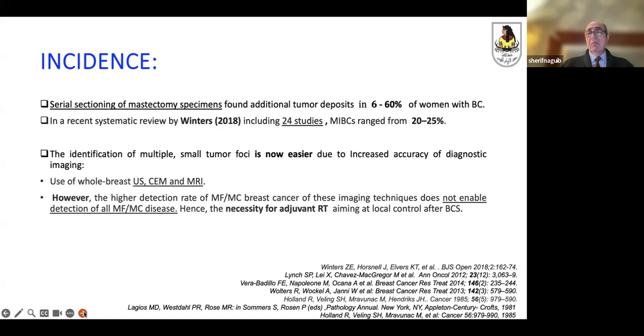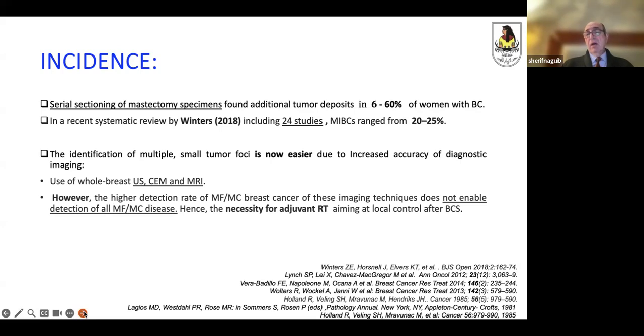Nowadays, identification of multifocal multicentric disease is much easier because of the great advances of radiodiagnosis that we are using, like ultrasound, contrast-enhanced mammography, and MRI.